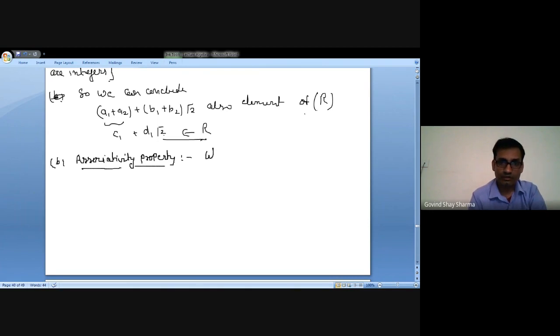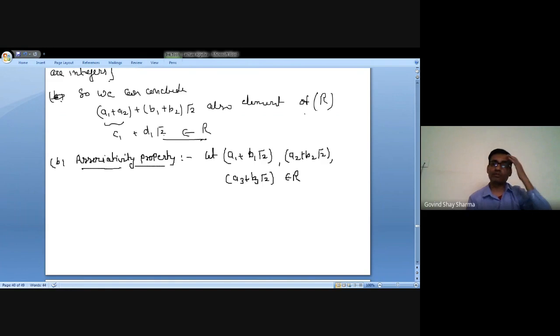Let us take three elements that belong to R: A1 plus B1 root 2, A2 plus B2 root 2, and A3 plus B3 root 2.